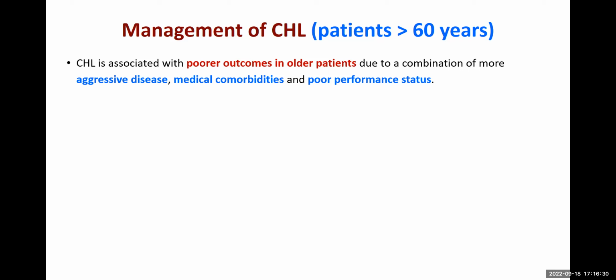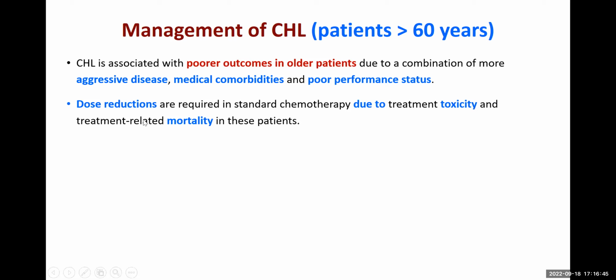They may have atherosclerosis, they may have chronic kidney disease. You know, with old age, the body function declines and more diseases are afflicting the individual. So dose reductions are required in standard chemotherapy due to toxicity or treatment-related mortality in these patients.